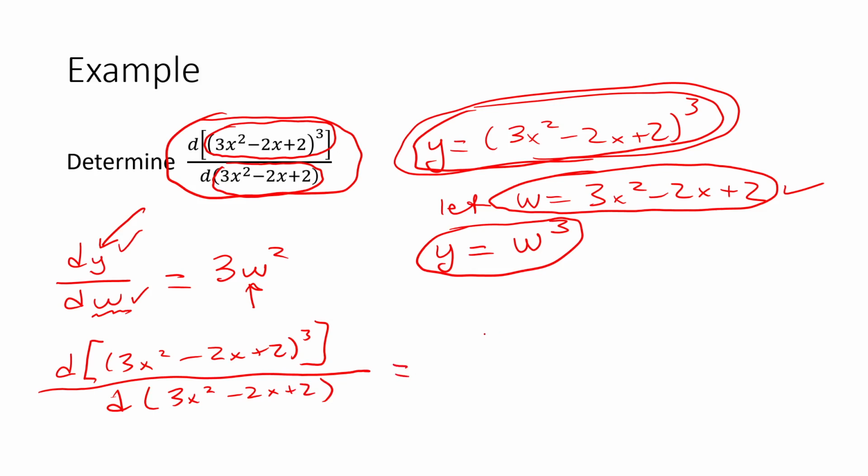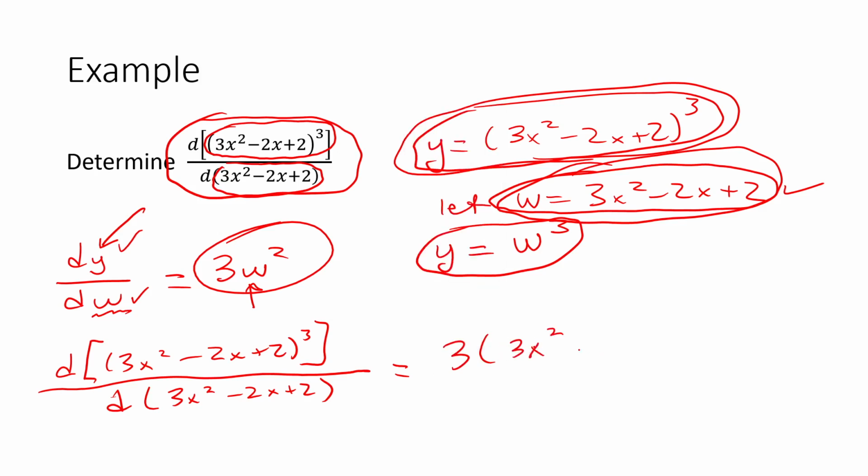And the answer is 3w squared, but again, subbing that expression in for w, we get this expression, 3. Okay, so the derivative of w cubed with respect to w is 3w squared.